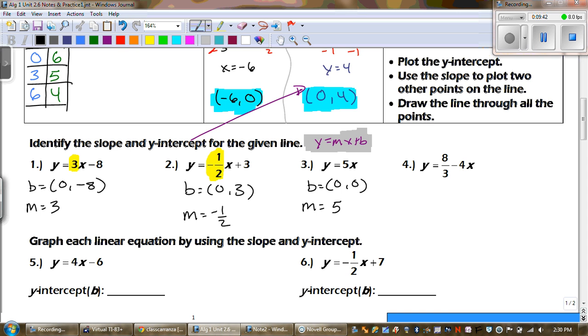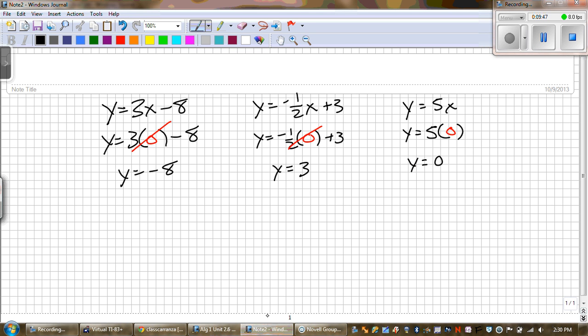And now number 4. So number 4, we get y. Is my pen working over here? Hold on a second. Okay, I'm back. So y equals 8 over 3 minus 4x. We have to plug in the 0.